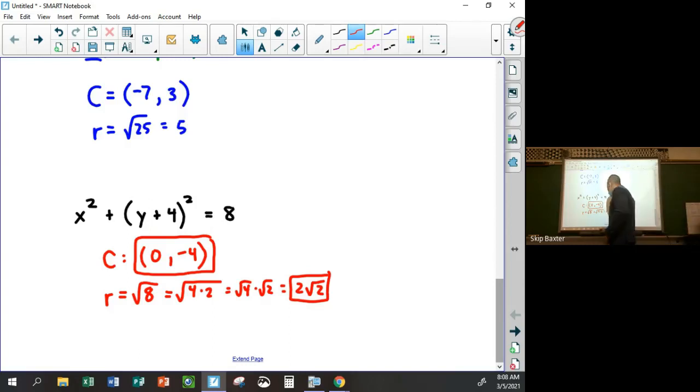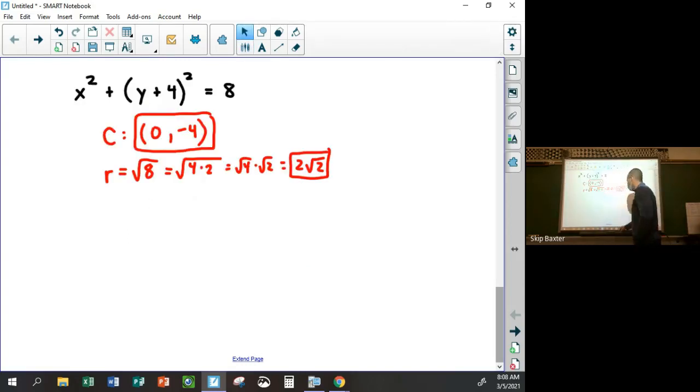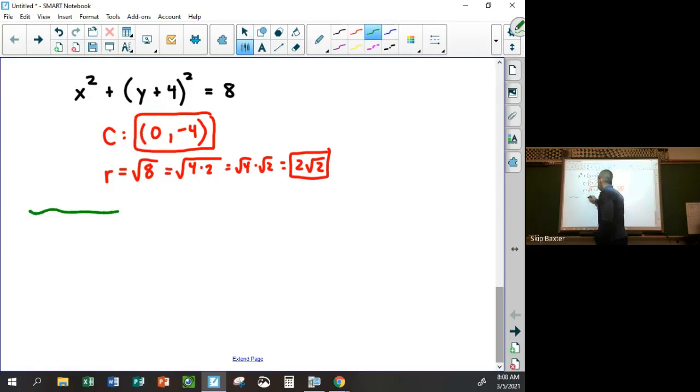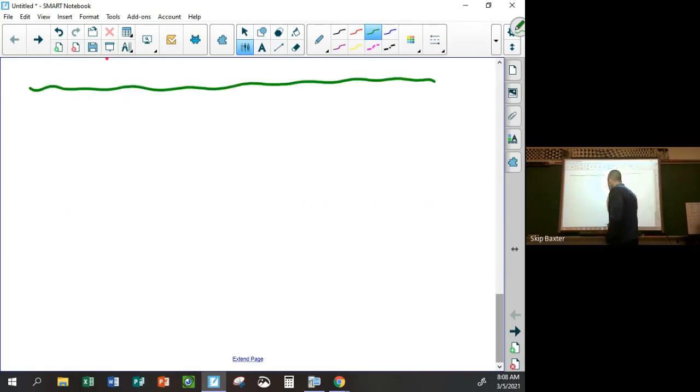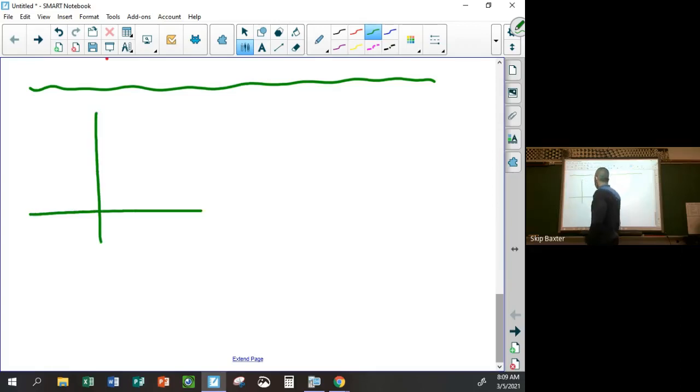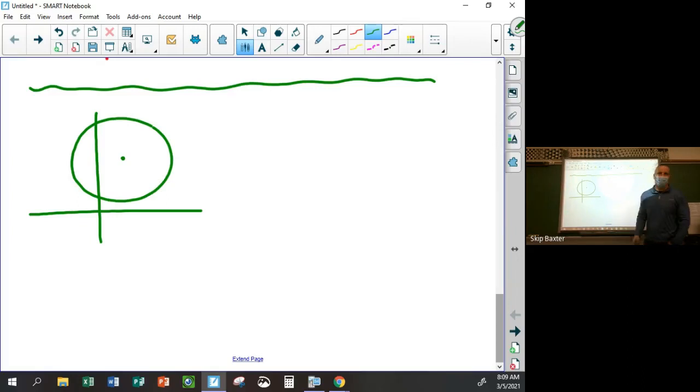Now let's talk about why the formula is what it is, and you'll see it makes perfect sense. So let's just do an example. Suppose you have a situation where, let's just randomly draw a circle. And let's say that the center of the circle happens to be at 1, 3.